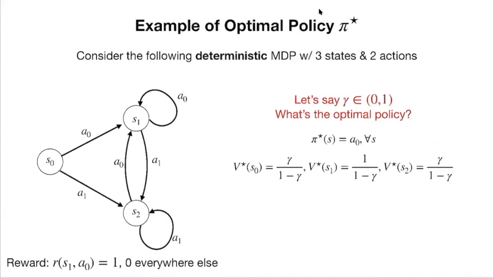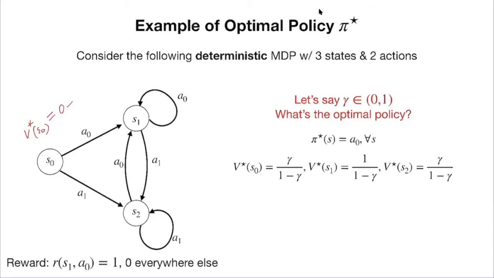So let's look at V star of S0. What is this? I get reward 0 because I take action A0 and we only have reward 1 at state S1 if you take action A0. So I get reward 0 at the beginning.